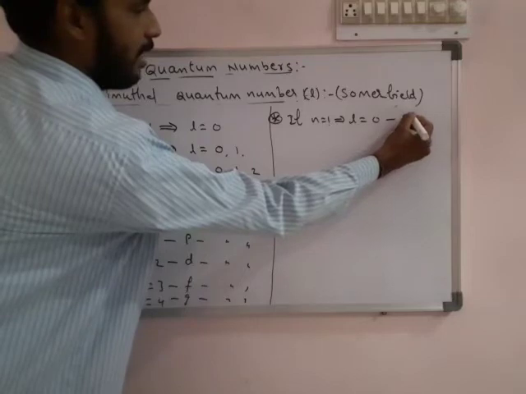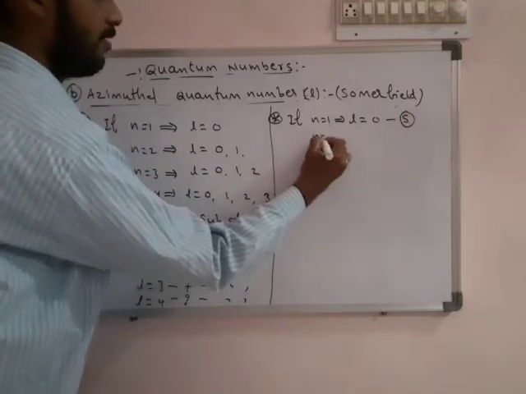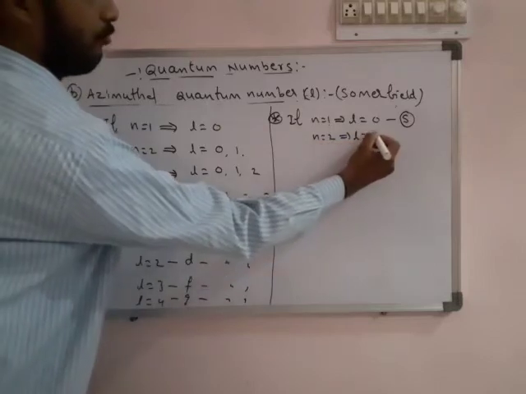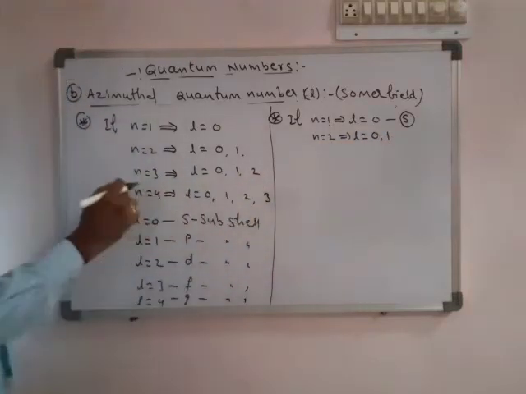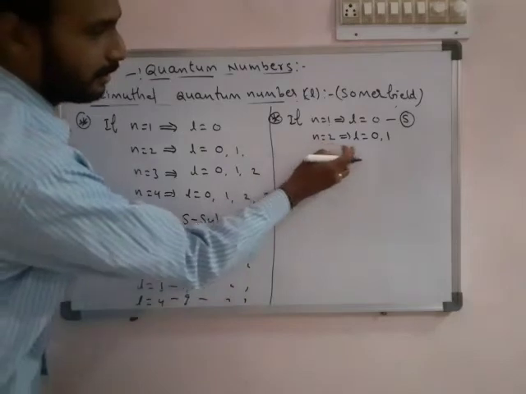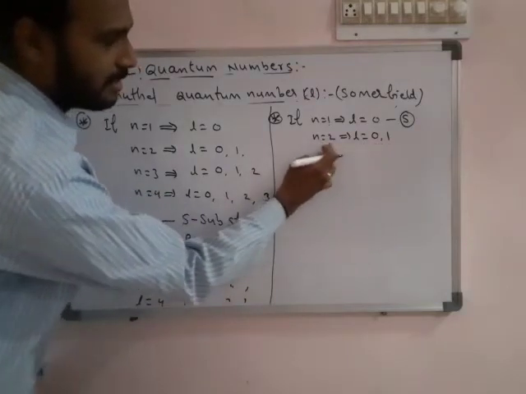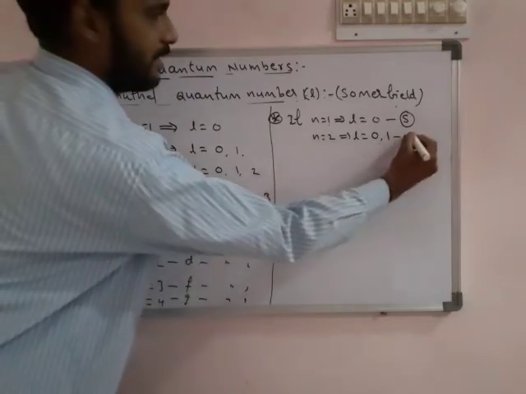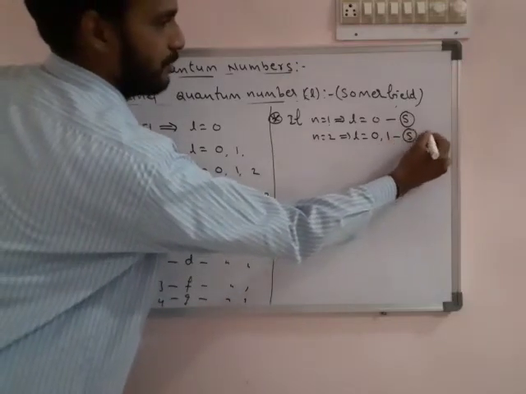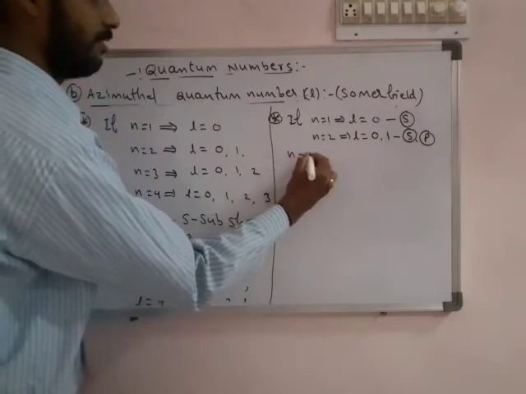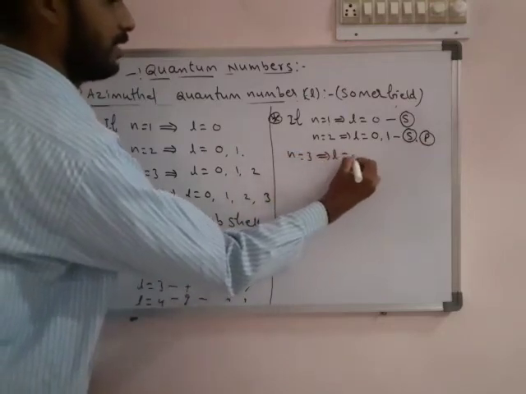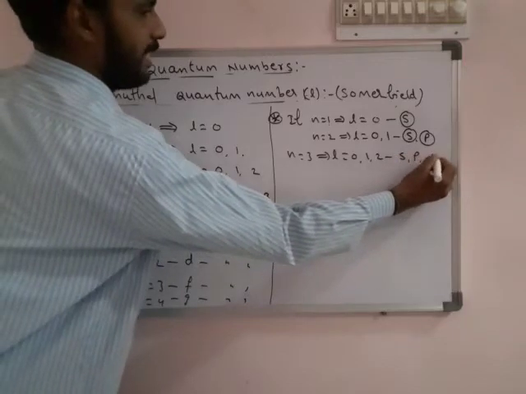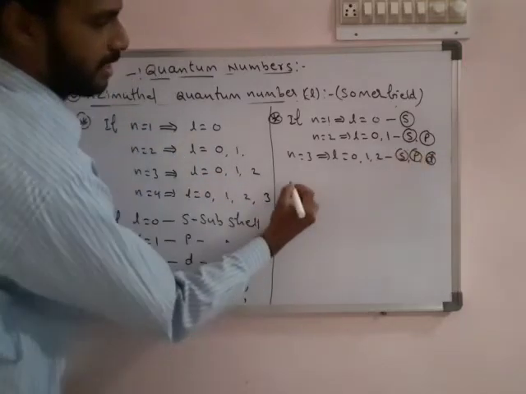Okay, that is s. If n equals 2, for the L value there is a possibility of 0, 1. That means the number of L values is equal to the principal quantum number. This indicates the presence of s and p subshells. If n equals 3, L equals 0, 1, 2. It indicates the presence of s, p, d subshells, not the orbitals.